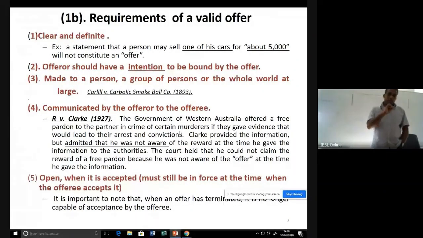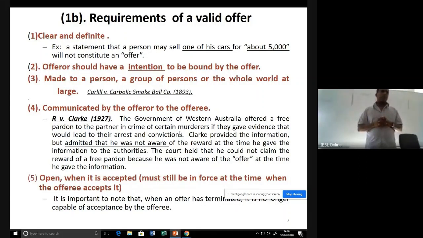Then the next question is, at what point does the offer come to an end? When we are making an offer, we can clearly indicate in the offer itself how long the offer is valid.